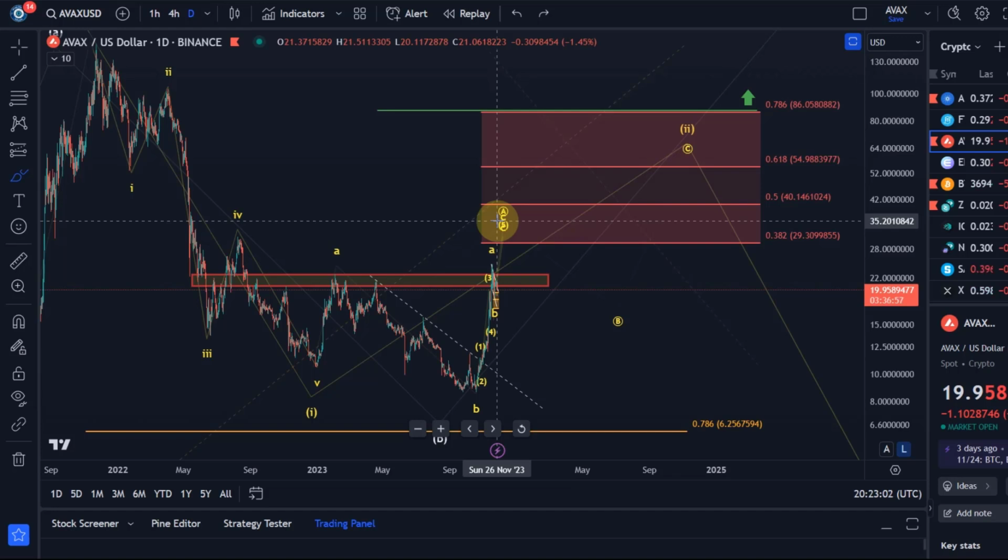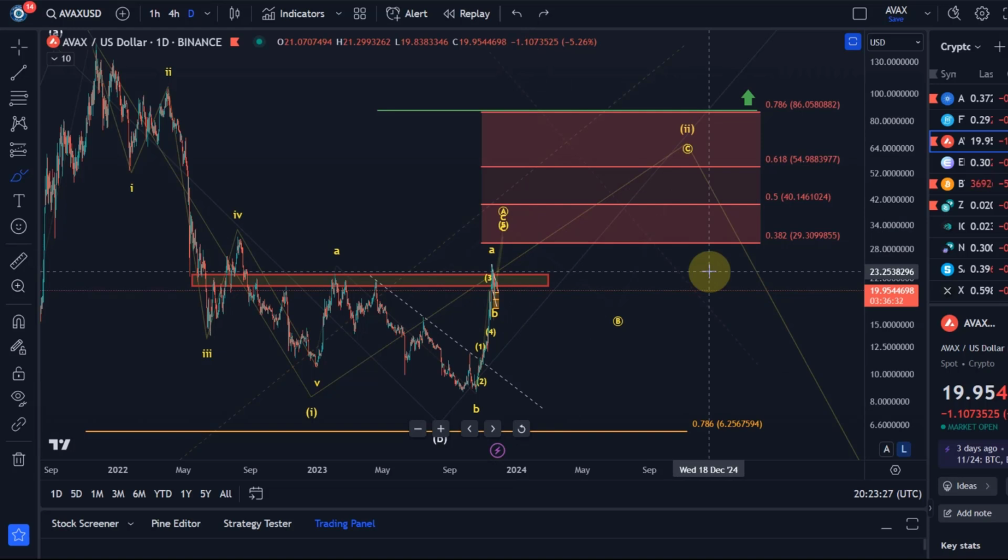Sometimes an A wave also moves to the 50% Fib level. That would be at $40. So that's something we need to consider, that the price might, in this current A wave, so A, B, C in the A wave, and the C wave might still get a few more squiggles higher. Therefore we pay attention to the area around $29 to $40. But I also tell you which level is the key support level.